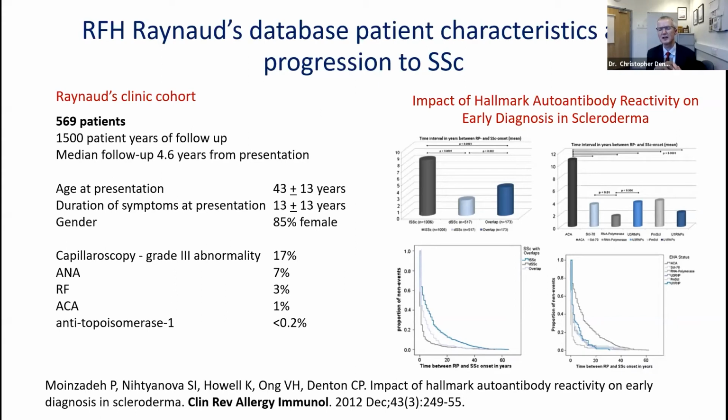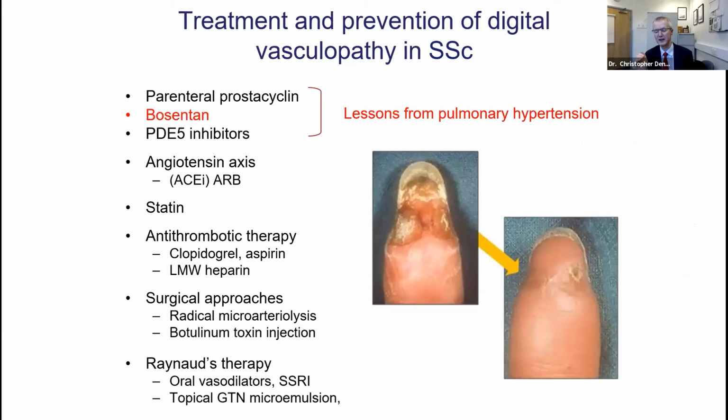And those patients who have a high-risk antibody for severe diffuse scleroderma, such as anti-RNA polymerase, we see a shorter period to progression. But in fact, it reflects the fact that a long-term prodrome of Raynaud's phenomenon progressing to systemic sclerosis is more likely to be a precursor of milder mixed connective tissue disease or limited scleroderma.